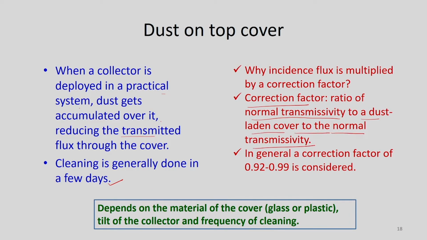In general, a correction factor of 0.92 to 0.99 is considered in the Indian context, and this range also varies for PV systems or modules. Also, this accumulation of dust depends on the material of the cover, sometimes glass or sometimes plastics, the tilt of the collector, and the frequency of cleaning.